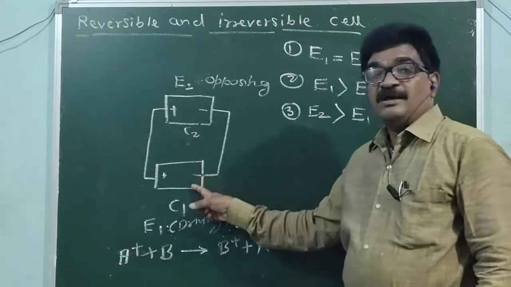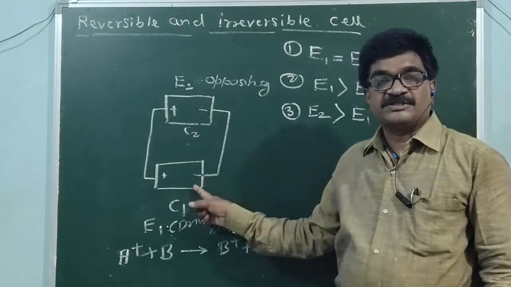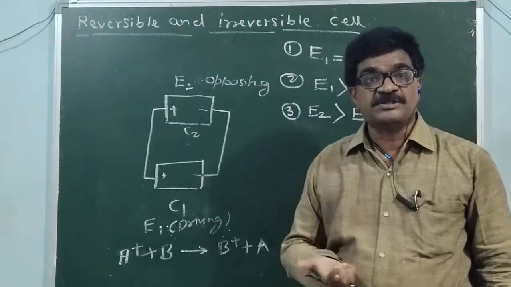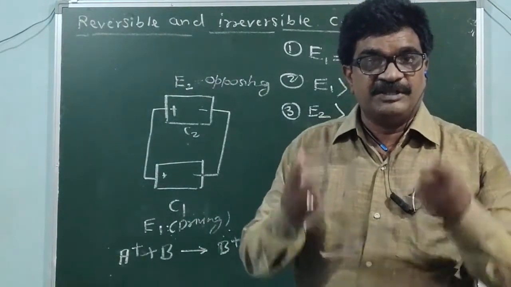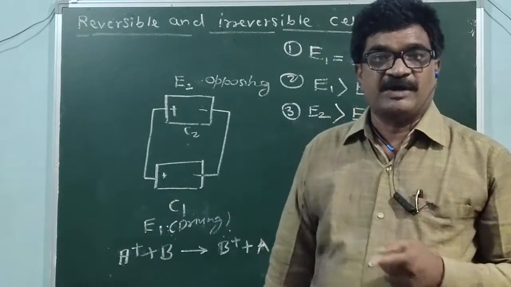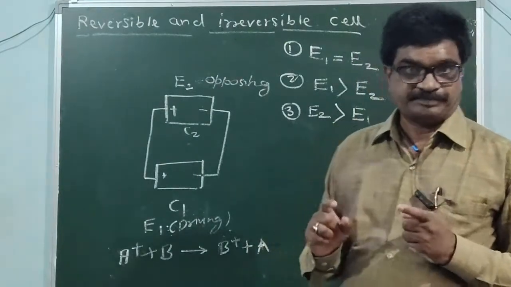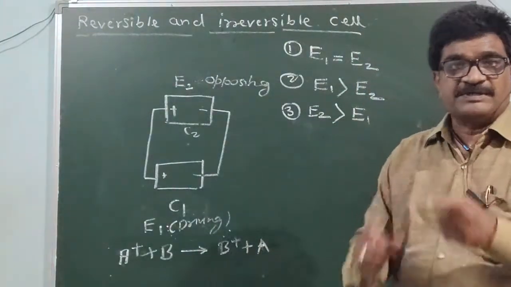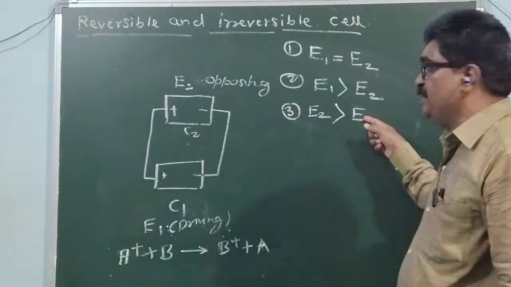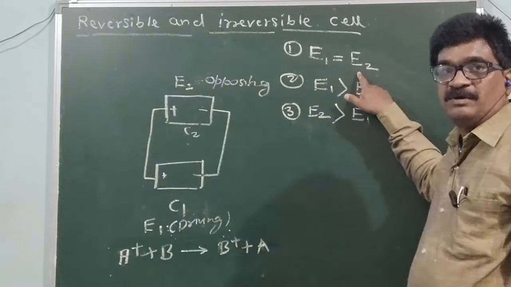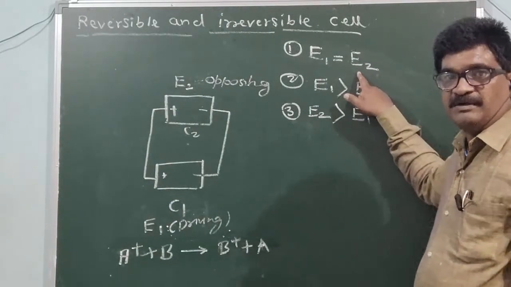Now the cell in which the same reaction is reversed due to a slightly greater opposing EMF, that particular cell is known as a reversible cell. So every reversible cell has to fulfill all these three conditions. That means if E1 is equal to E2, then no current flows through the circuit.